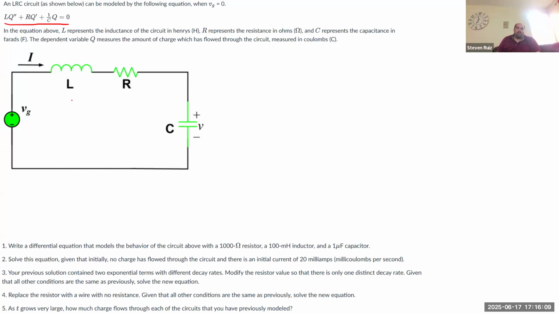L is the value of our inductor in henries. That's a 100 millihenry inductor, which is a tenth of a henry. So 0.1 Q double prime plus R times Q prime.